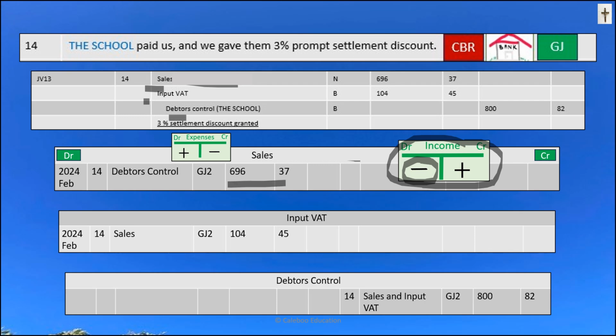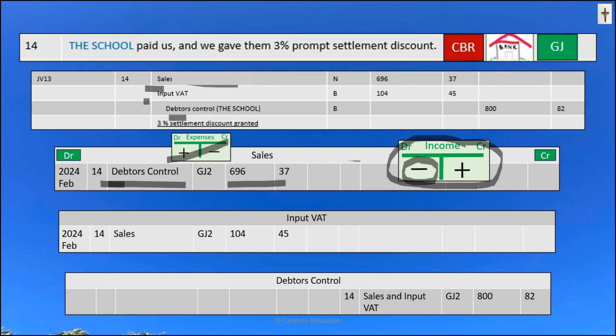The contra account was debtors control. If there was only one debtor, it would be the school. But remember, the control account is a summary of all the individual debtors. I'm not going to treat this as an expense. If you had discount allowed, some textbooks might open up an account called discount allowed.